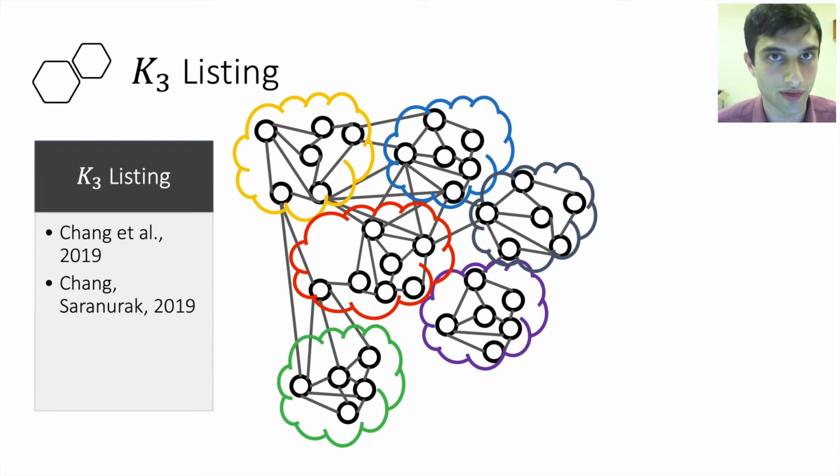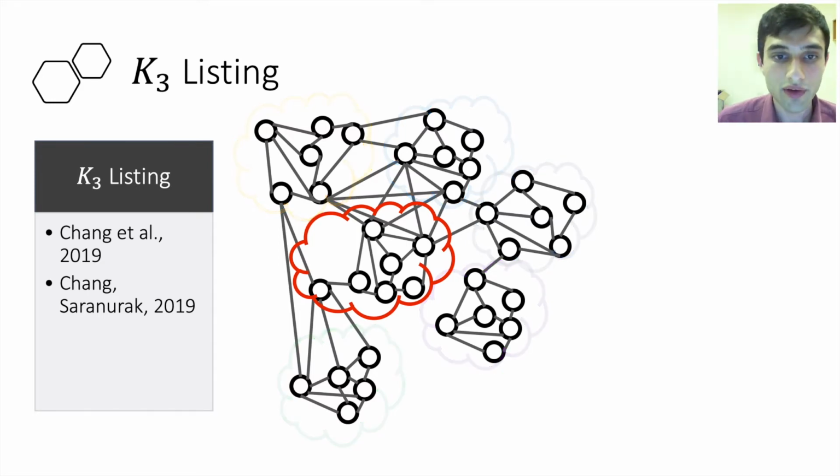Okay, so how do we use this for K3 listing? Well, in previous works, what was done is as follows. Every cluster looks at the edges which it itself knows, and just lists all the K3 that it itself sees by executing some sparsity-aware congested clique algorithm. Now notice that once every cluster lists all the K3 that it sees, every edge which is completely inside the cluster has already had all the K3 which it itself is a part of listed.